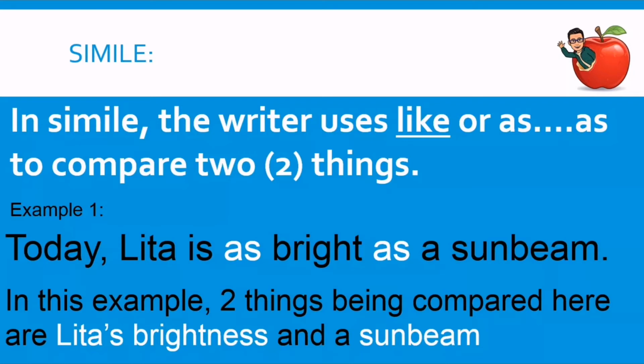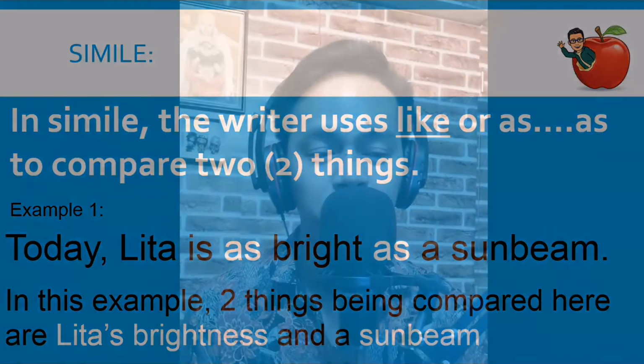Nagamit siya og word nga as. So, as what you observed sa given example, today Lita is as bright as a sunbeam, there are two things being compared, which is Lita and the sunbeam. You get the point sa simile? That's the example of simile.